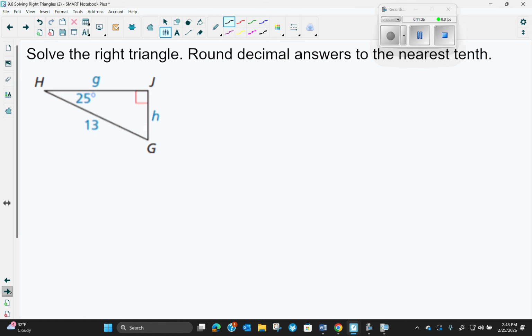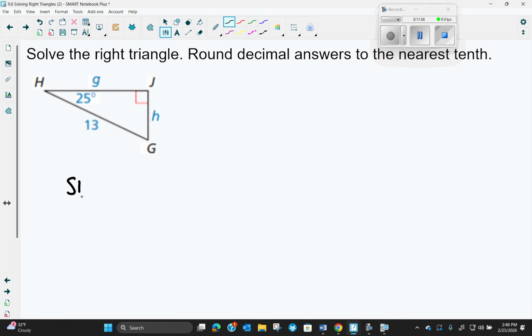Here's one where I have a reference angle, which makes it kind of nice, but now I've got to find the other two missing sides. So I've got to do a little work with that. So let's find H. H is opposite of 25 degrees. And I have the hypotenuse. So that's going to be sine.